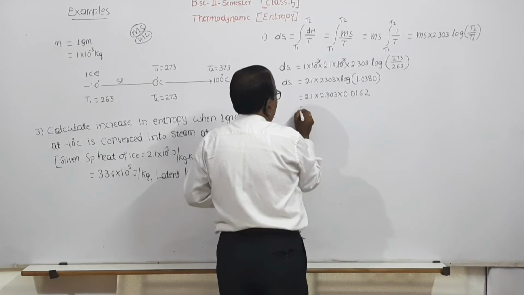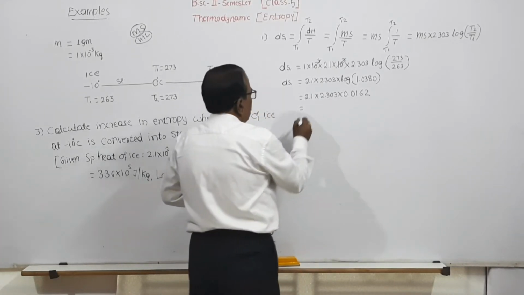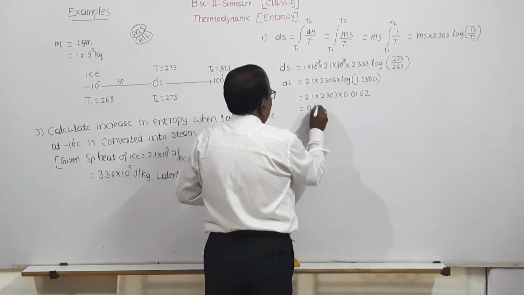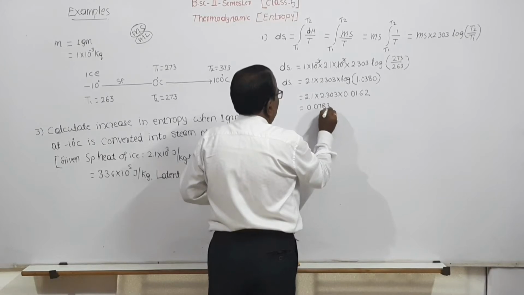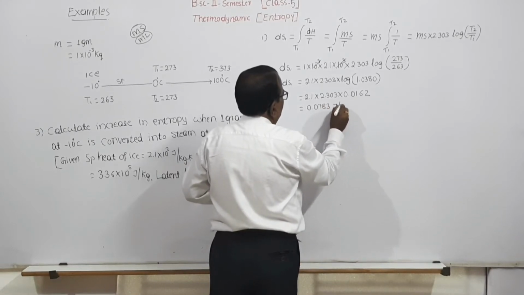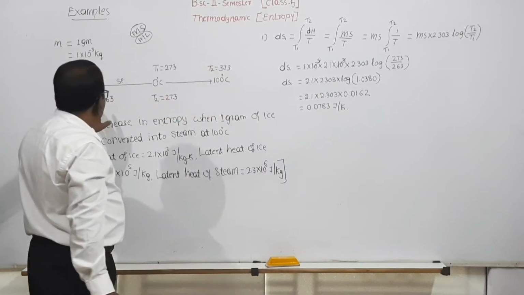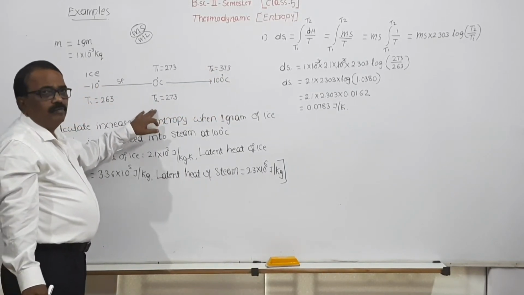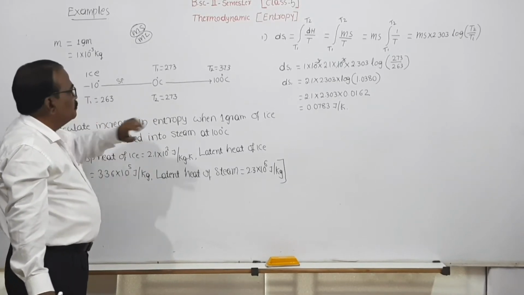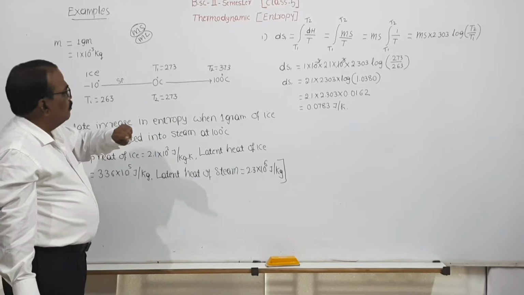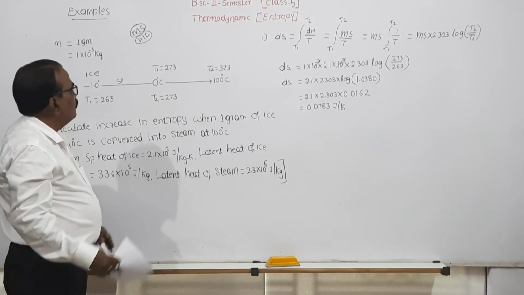Then if you simplify this, you are going to get 0.0783 joules per Kelvin. Now temperature is increased, sorry, the temperature has changed, so the change in the entropy is this much.